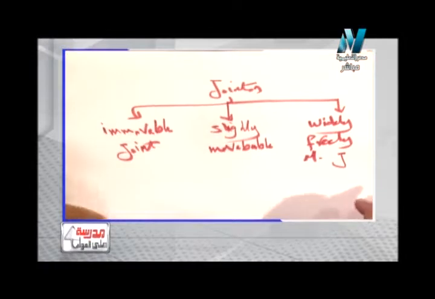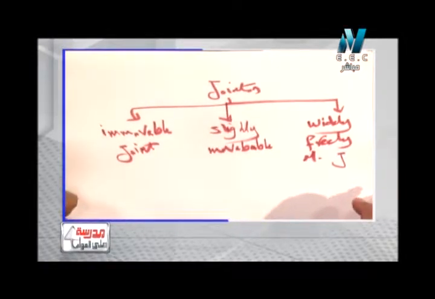Let me write the abbreviations. So let me give you at least one example for each one of them. An immovable joint, such as the joint of the skull. So here I can write the joint of the skull.